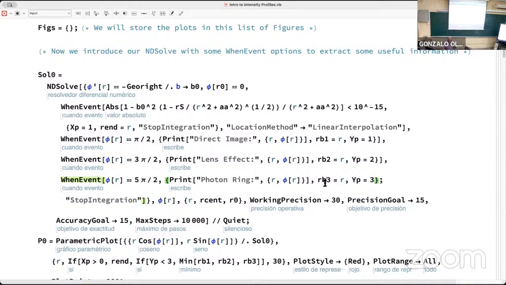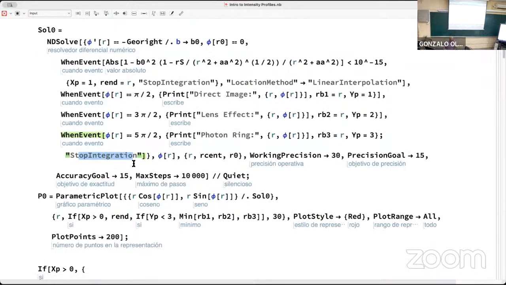So when you get the third intersection, for us that is enough, and then we stop the integration. We are now collecting this additional information about the angle. This is the only information that we need to generate the intensity profiles. Very good.